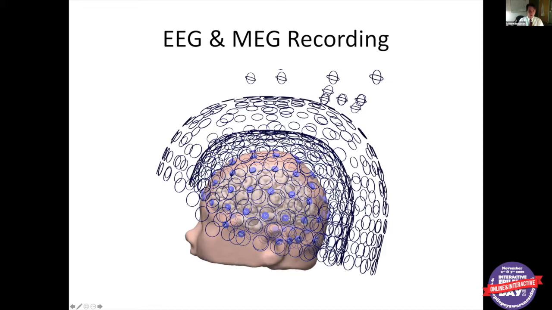This particular figure shows 74, which is considered high resolution EEG, like that cap I was wearing before. But even with this high density spatial sampling, you can see that we don't get below the brain very well because we can't. There's tissue in the way. You can also see that the detectors, these spheres, are pretty far away from the brain. So there's some limits to this.